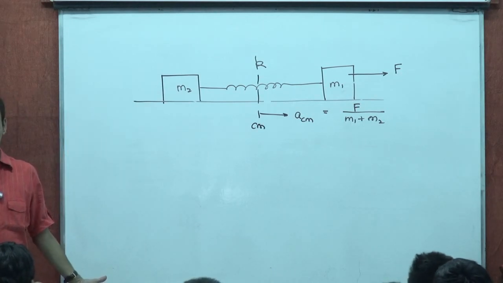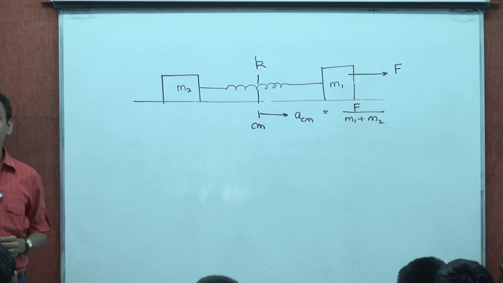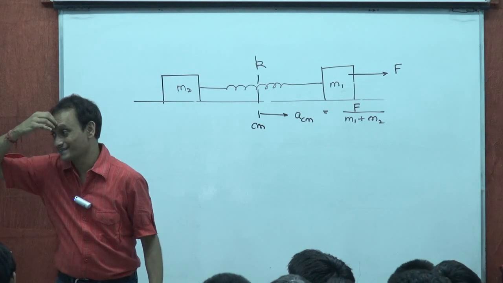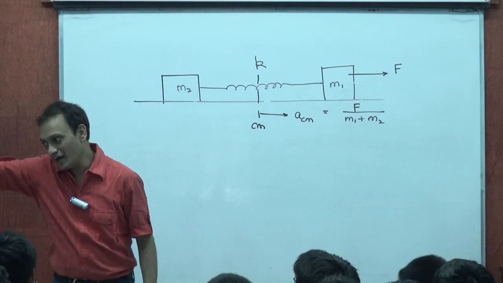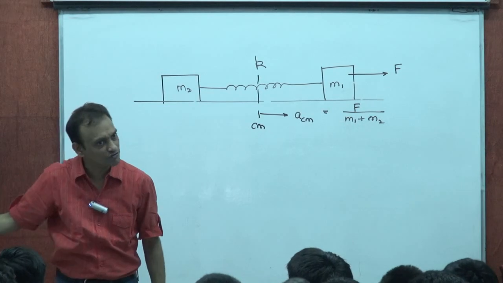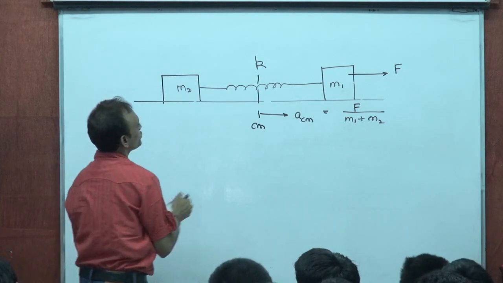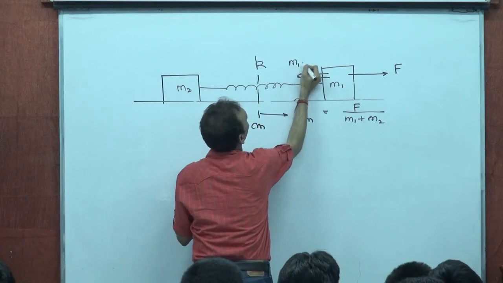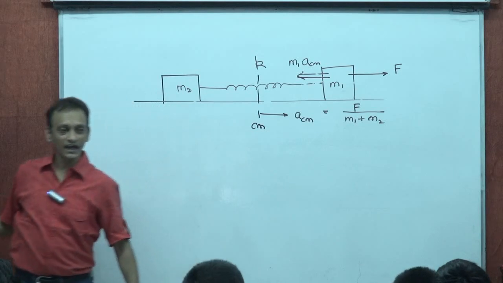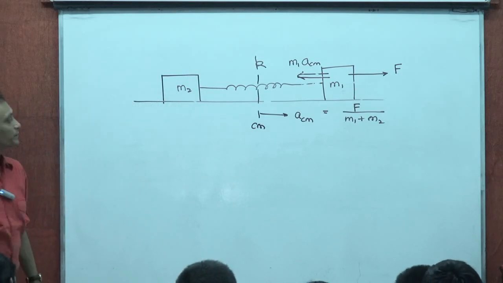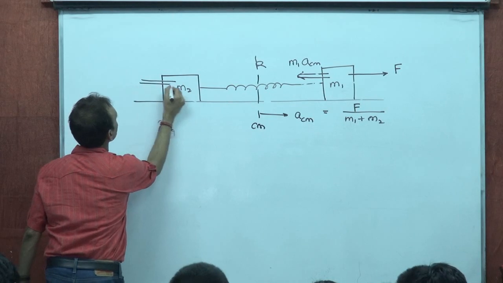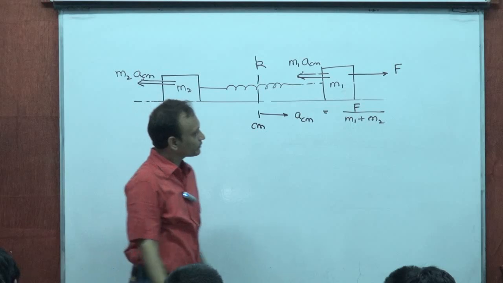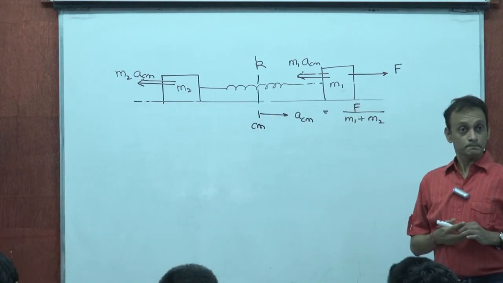If the center of mass is accelerated, then on the two masses there would be a pseudo force acting in the center of mass frame. So there is going to be a pseudo force on this mass M1, M1 A_CM, this way, and on this mass the pseudo force is M2 A_CM.